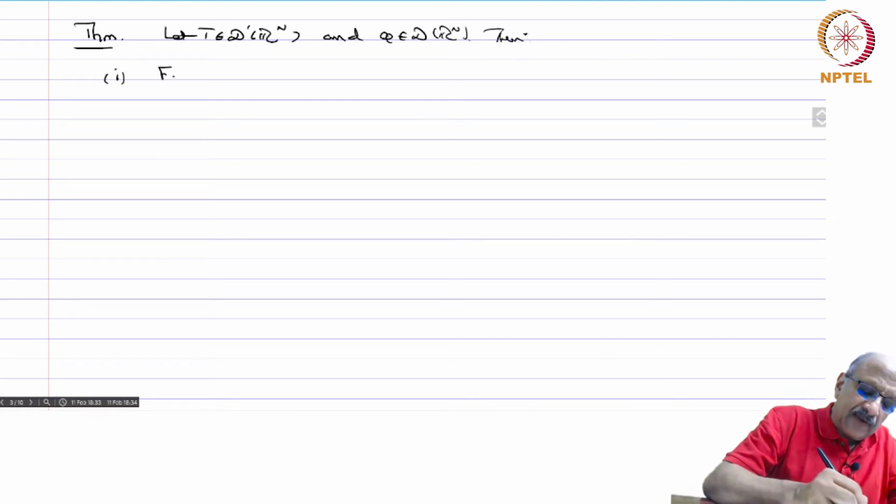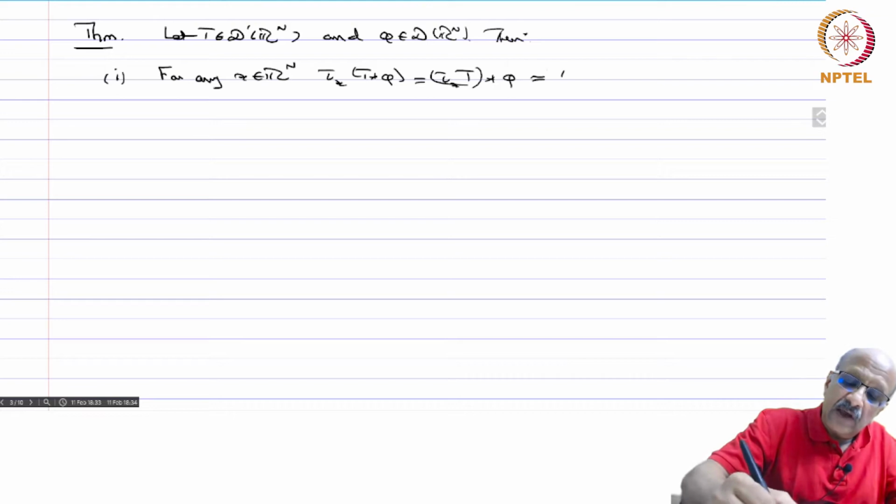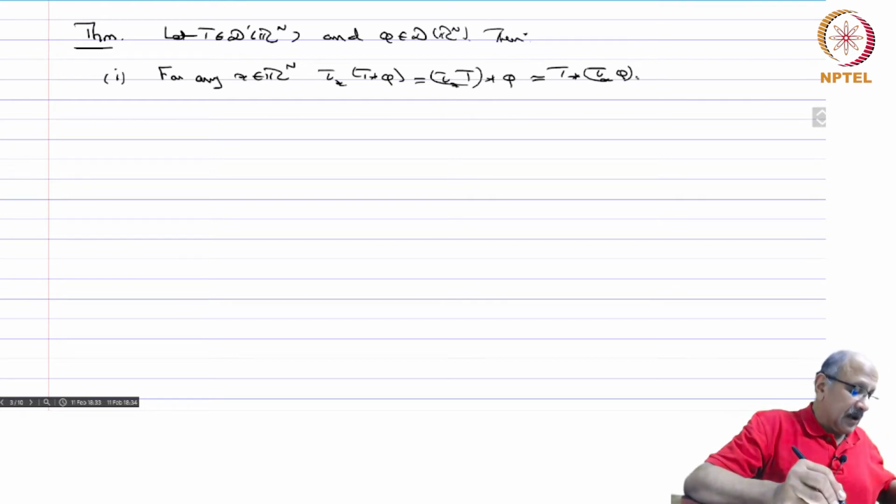For any x in Rn, we have tau x of (T star phi) equals (tau x of T) star phi equals T star (tau x of phi). So this tau x can be moved anywhere to either component in the convolution.